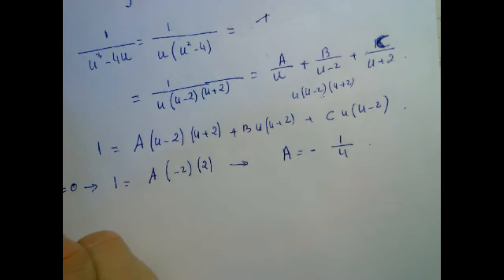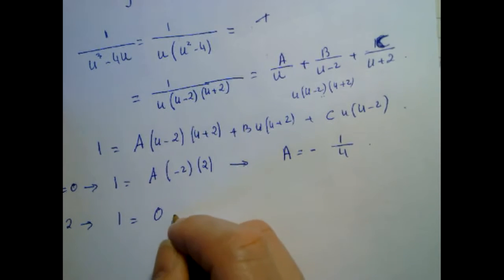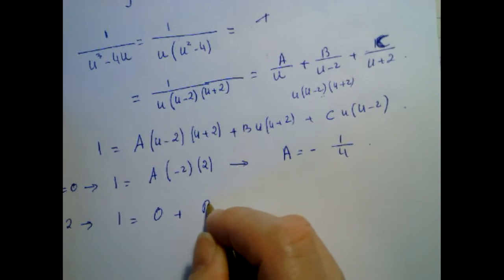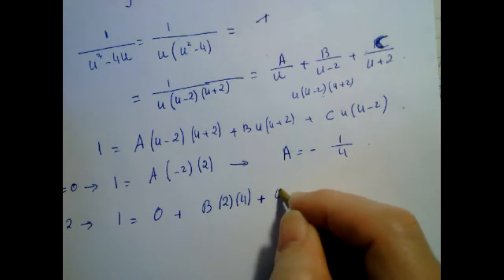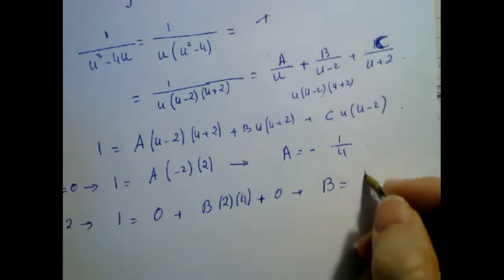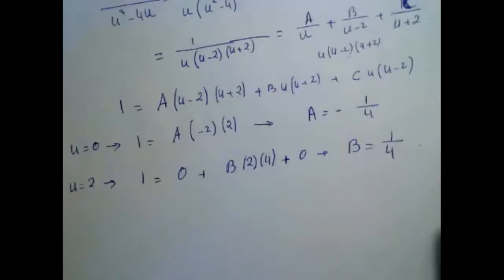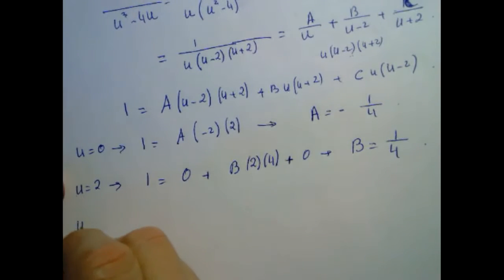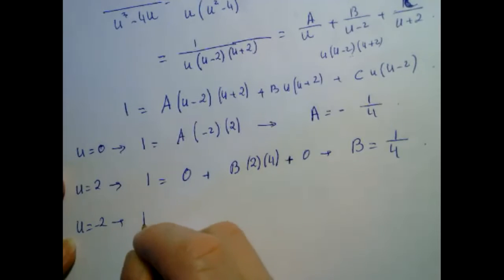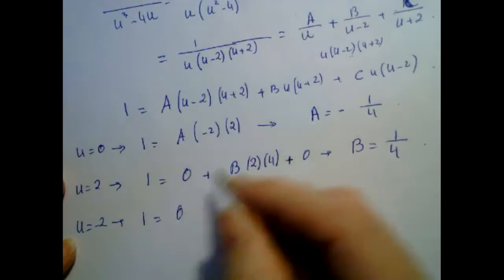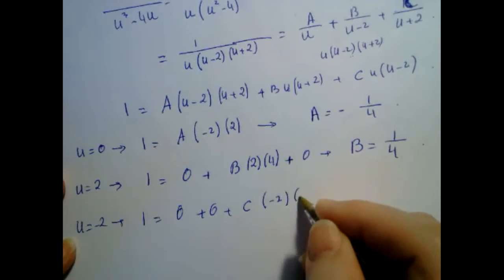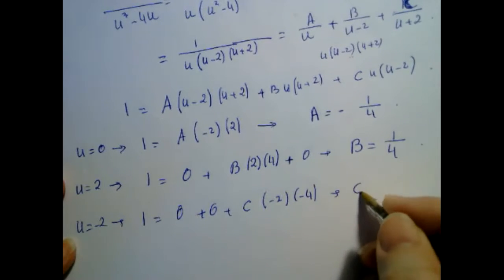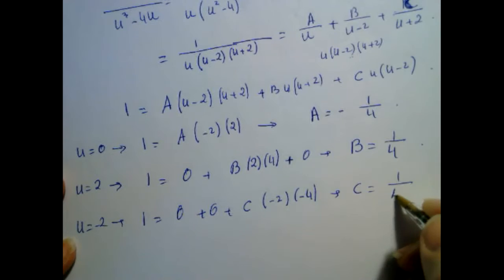Then u equal 2 will give me 1 equal 0 plus B times 2 times 4, so B is 1 over 4. And the last one is u equal minus 2: 1 equal 0, 0, C times minus 2 times minus 4. C is 1 over 4.